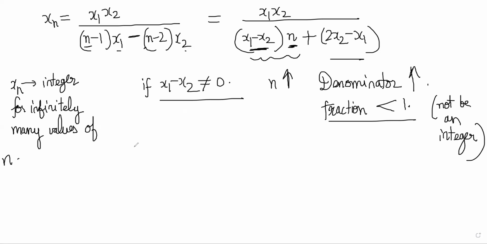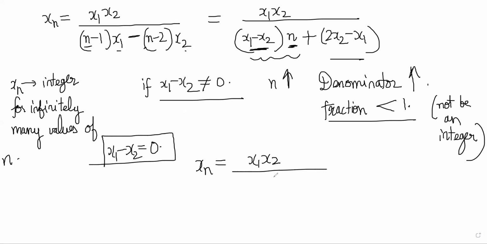So if you want to make it always an integer, maybe we should try x1 minus x2 should be 0. If x1 minus x2 is 0, you will get xn is equal to x1, x2 by 2x2 minus x1, and that will become x1 squared by x1, and that is equal to x1, right?